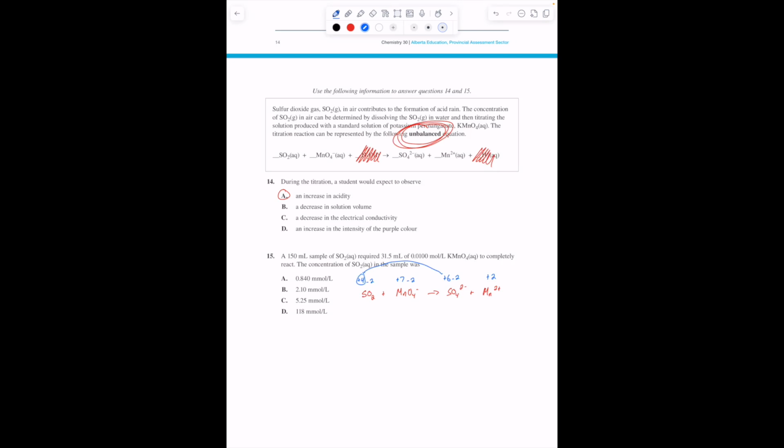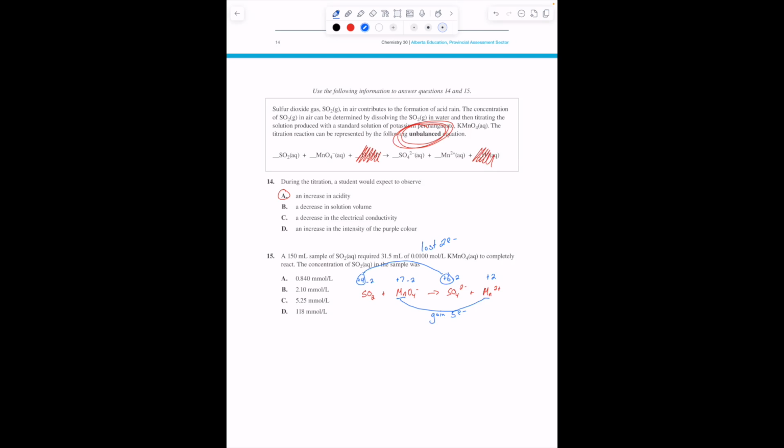The S is going from +4 to +6, so I lost 2 electrons per atom. Got 1 atom, so I lost 2 electrons there. And the Mn is going from a 7 to a 2. If the number goes down, I gained 5 electrons there.